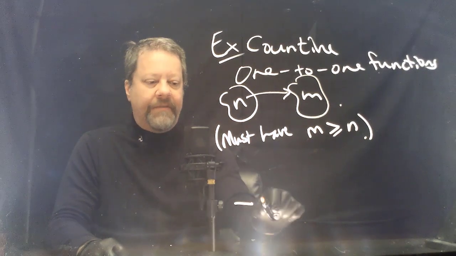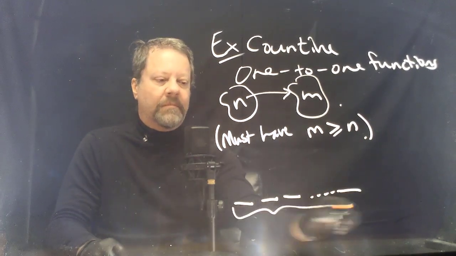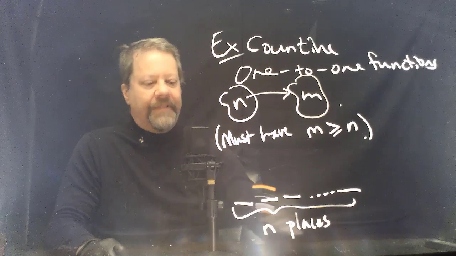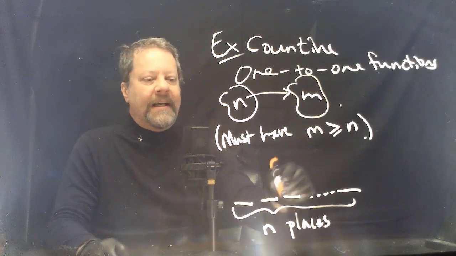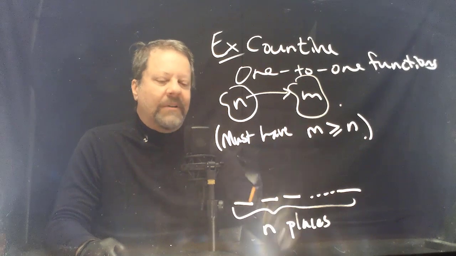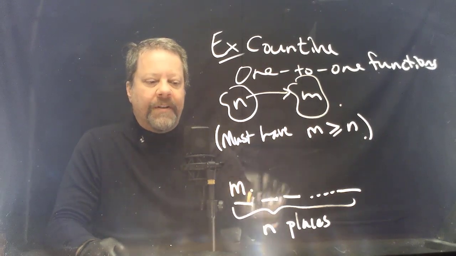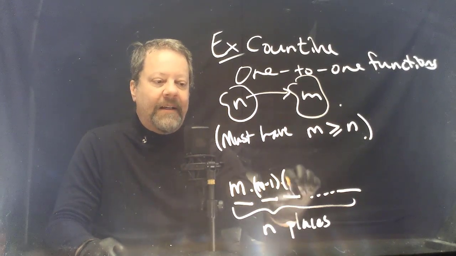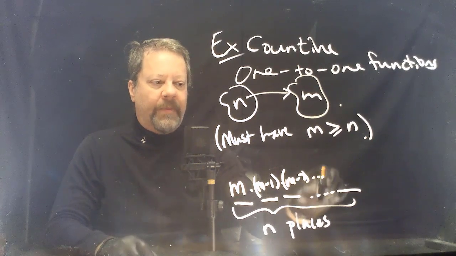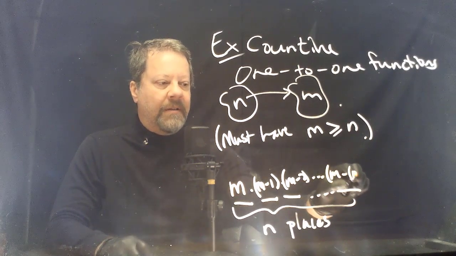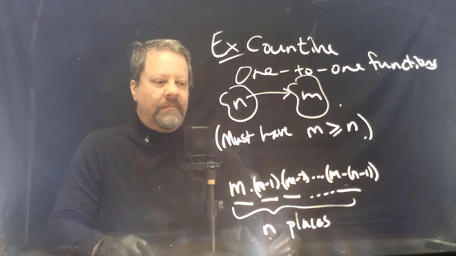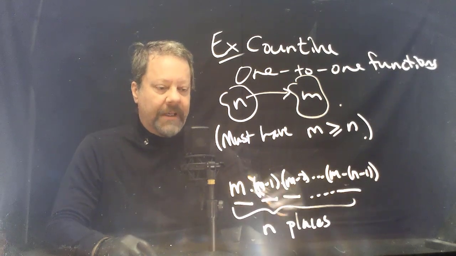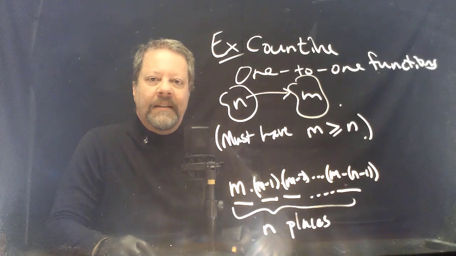So again, you have n places, but to make this one-to-one, you can't have different domain places that yield the same range outcome. So while you may have m ways to fill the first slot, there's only m minus 1 ways to fill the second slot, and m minus 2 ways, all the way down to m minus (n minus 1). It's n minus 1 because you started with m minus 0. So to get n possibilities, you have to subtract up to n minus 1.